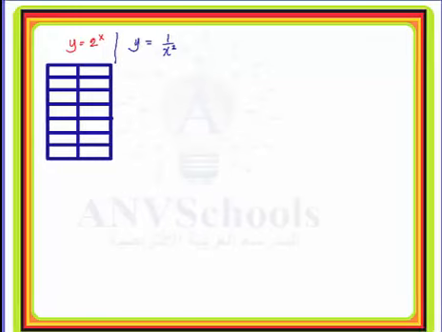So this is my x column, and this would represent my y column. I'm going to choose from -2 to 2.